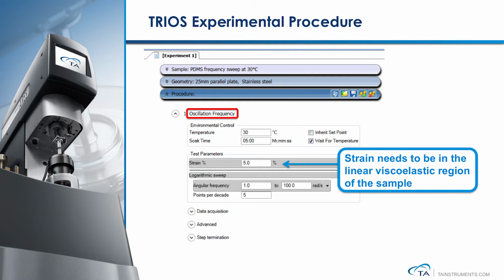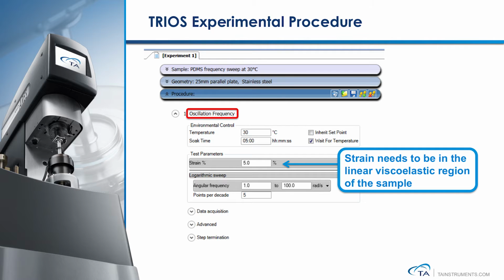To test the PDMS, select oscillation mode and frequency. Set the temperature to be 30 degrees Celsius and soak time of 5 minutes. Make sure to check the box for wait for temperature, as it will command the temperature control system to first attain the measurement temperature before the soak time begins. Move down to test parameters and set the strain to be 5%.